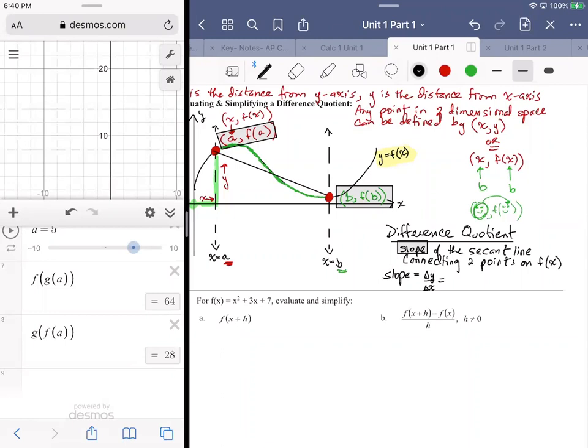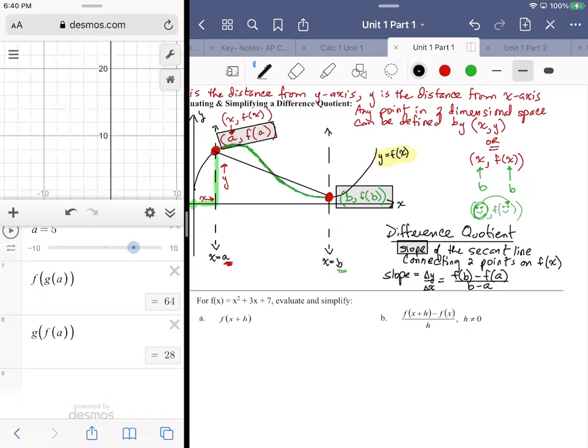All right. So I'm going to subtract my y values. One of them is f of b. The other is f of a. Then I'm going to subtract my x values in the same order. So my x values are a and b, but I'll subtract using the b value first, b minus a.